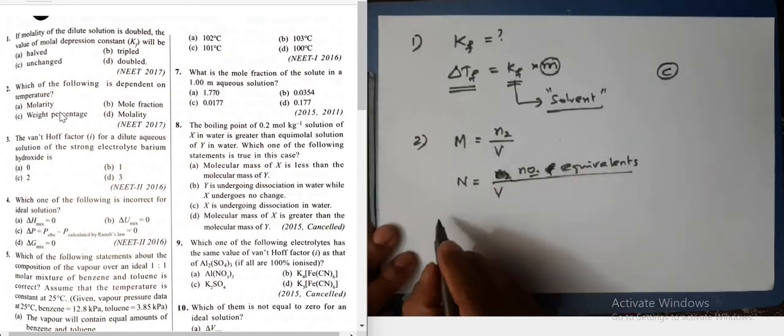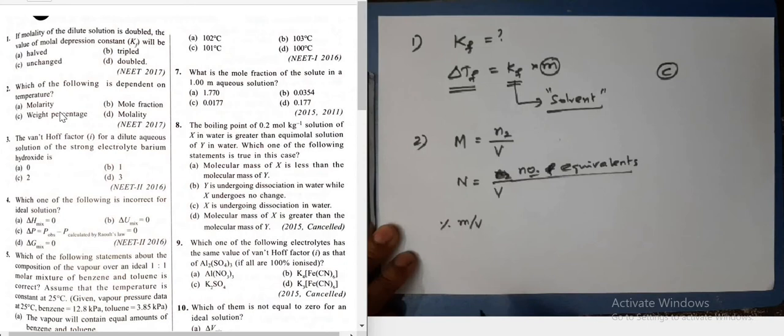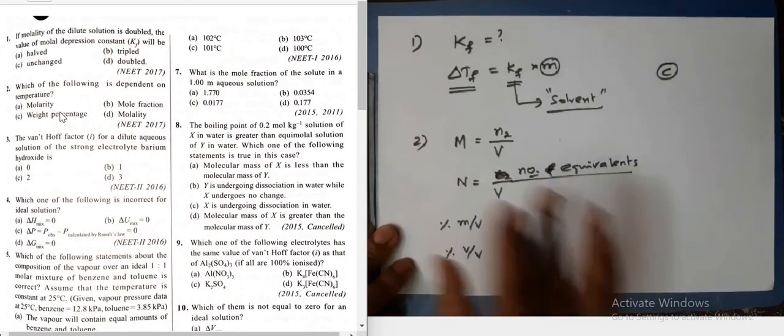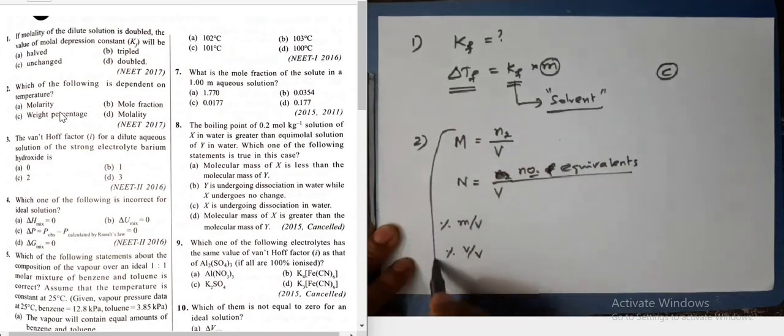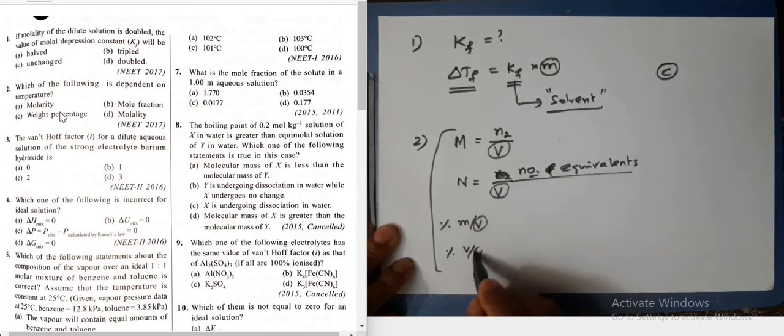Similarly, percentage mass by volume, and percentage volume by volume. These are all concentration terms that depend on volume.